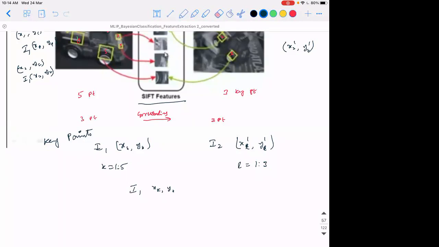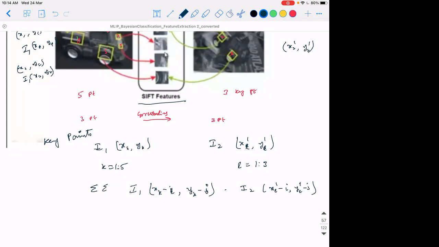So I will write I1 of xk minus i comma yk minus j, multiplied by I2 of xl dash minus i comma yl dash minus j, and then I consider the correlation. Essentially it is the dot product of these two, summed over what?